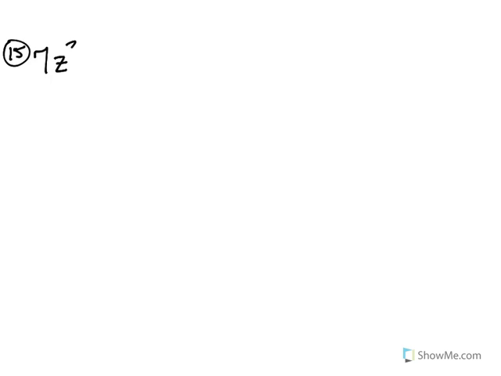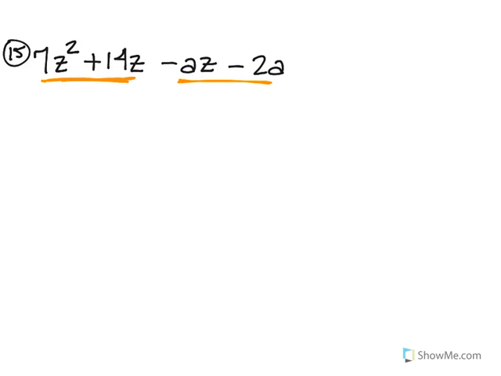7Z squared plus 14Z minus AZ minus 2A. Okay? Off the first 2, what can I take off?